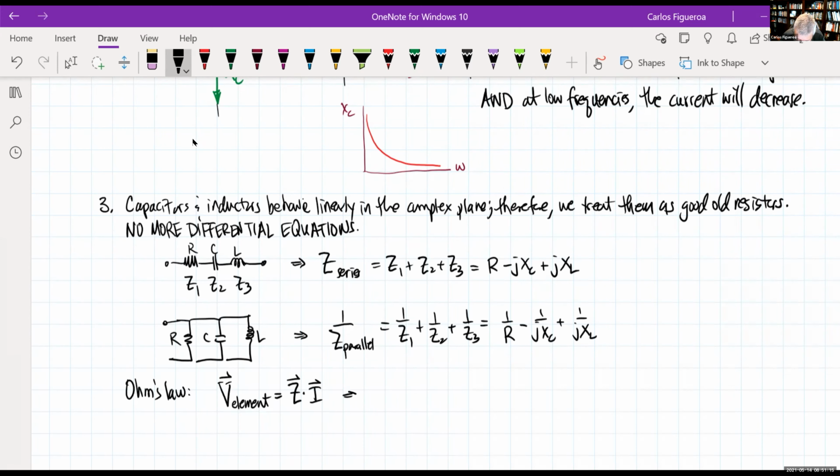So if I want the voltage across the resistor, that's just XR times I. The voltage across the cap is XC times I, or VL is XL times I. So we're using all of those same ideas of Ohm's law.